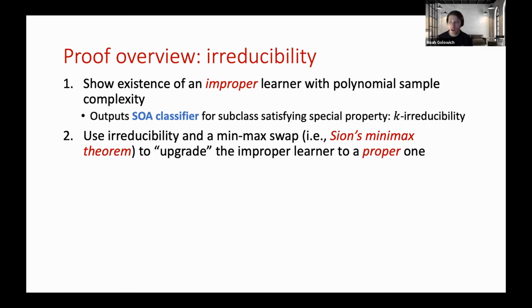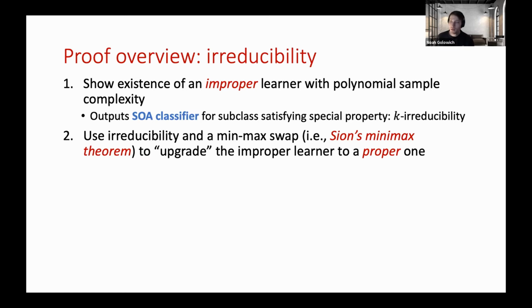I'll define what that is in a moment, and also define what an SOA classifier is in a moment. But from a high level, we're going to then use this property of irreducibility of that SOA classifier together with a min-max swap, namely applying Sion's min-max theorem, in order to upgrade this improper learner to a proper one.